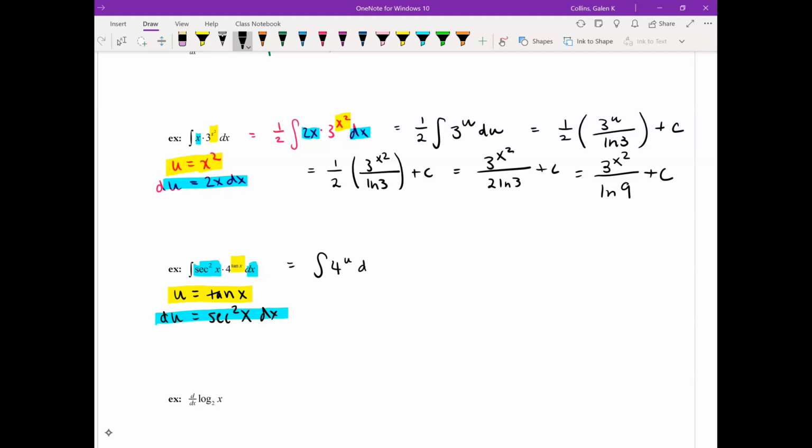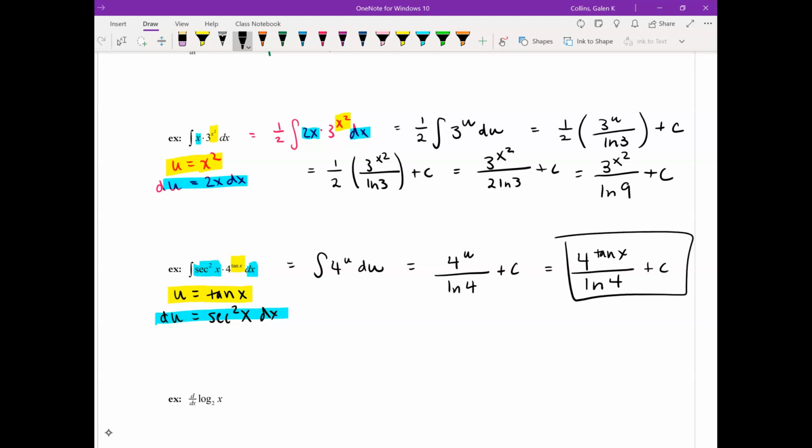Okay, so if we use the rule to find the antiderivative, it's going to be 4 to the power of u divided by the natural log of 4 plus c, because it's an indefinite integral. And then we want to go back and resubstitute the tangent of x for u. So 4 to the power of the tangent of x over the natural log of 4 plus c. Final answer there.